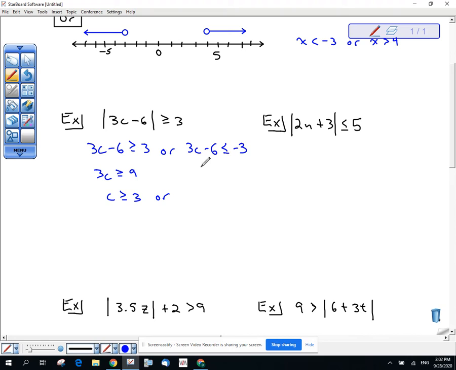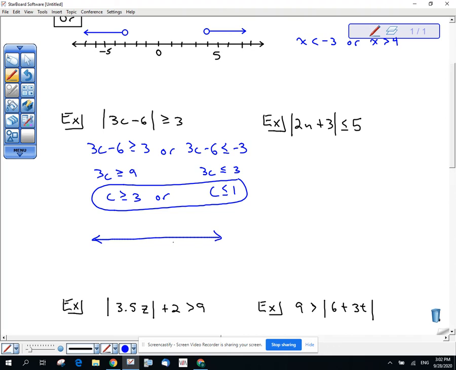Over here, add 6. Divide by 3. And here's your solution. C is greater than or equal to 3, or C is less than or equal to 1. Now on a number line, and we already know how to do this, but just real quick. Here's 0, 1, 2, 3, 4, 5.